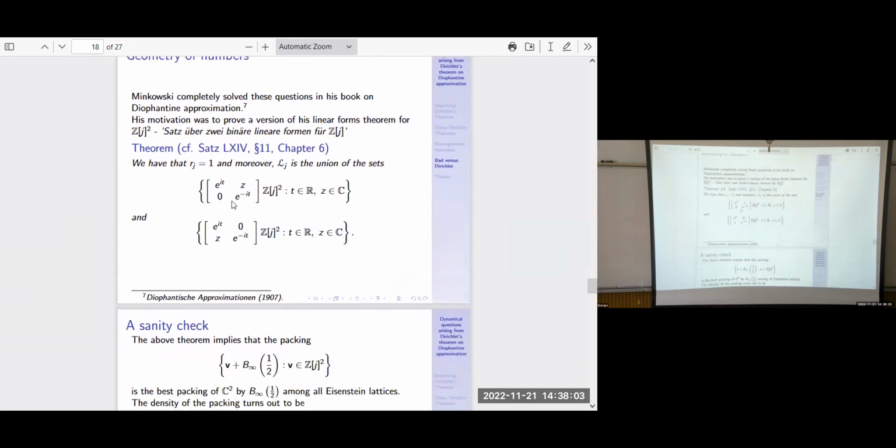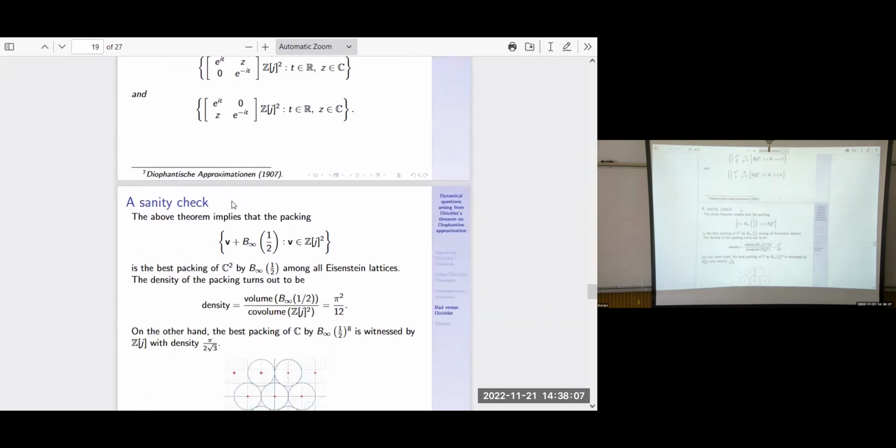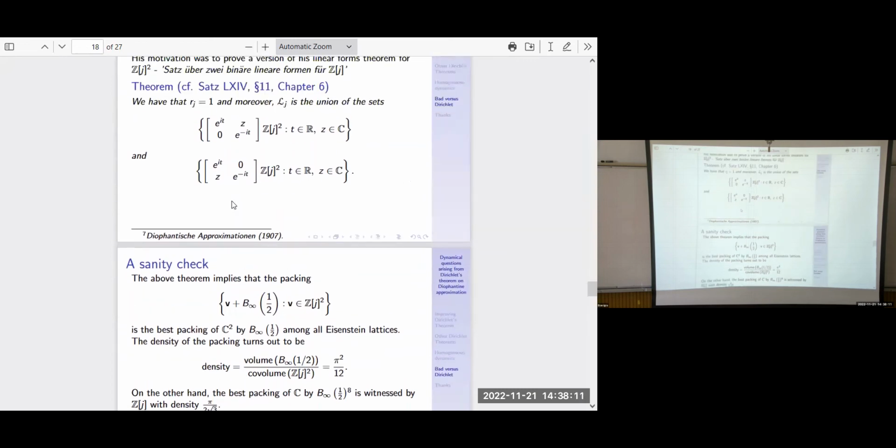Now, let's do a sanity check, maybe, to see what this is actually saying. Minkowski has a book called Diophantine Approximation. Yes, and it's in German. Did you actually look at it? Yes. How is it? I can tell you how he proved it. I'm curious to know what goes into this.